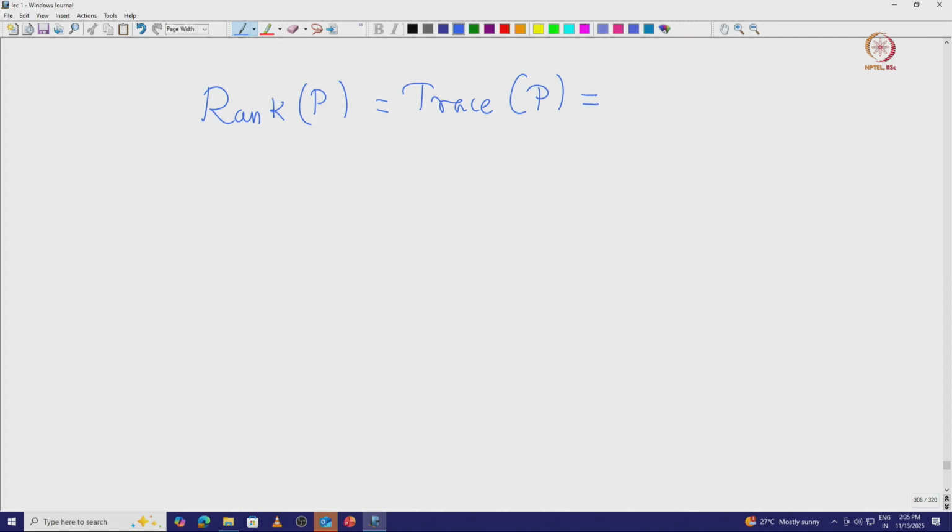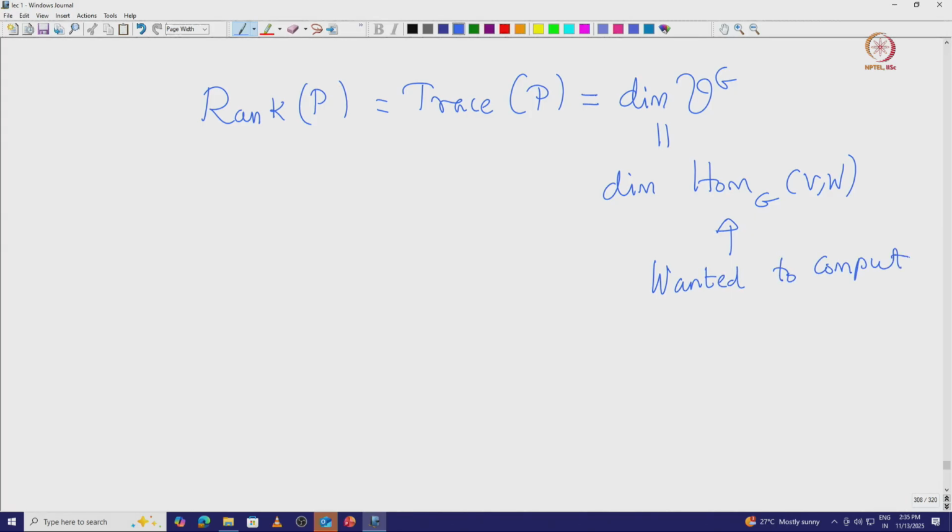But anyway, once we define this projection, then it is immediate that the rank is the same as the trace, and that is exactly equal to the dimension of the fixed point subspace, which is exactly the dimension of Hom_G(V, W). So, this is what we wanted to actually compute, and we realized using this trace identification that this is going to be exactly the inner product between chi_V and chi_W.